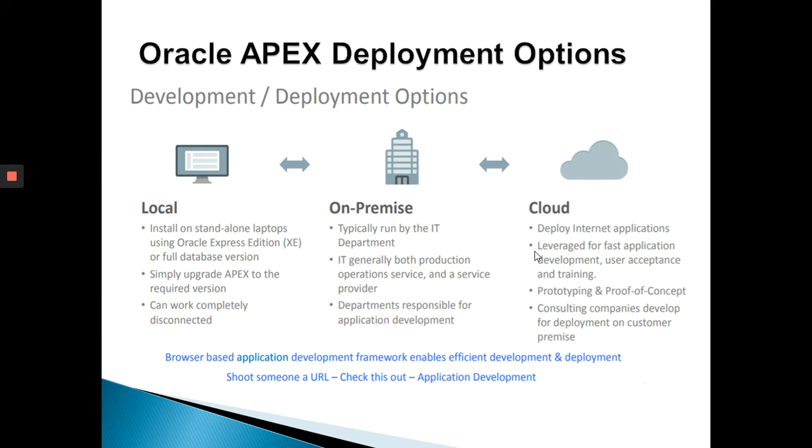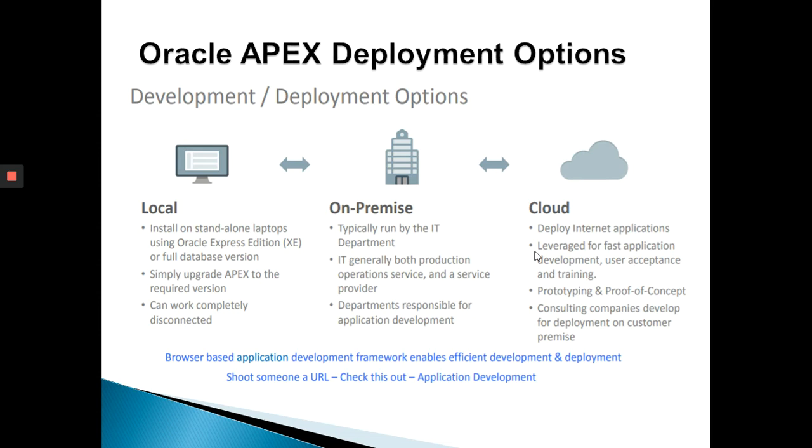Now the third is on cloud. If your database server is hosted on the web, or you have taken cloud services from a third party and you have built your applications over there, that means your applications can be accessed from anywhere in the world.